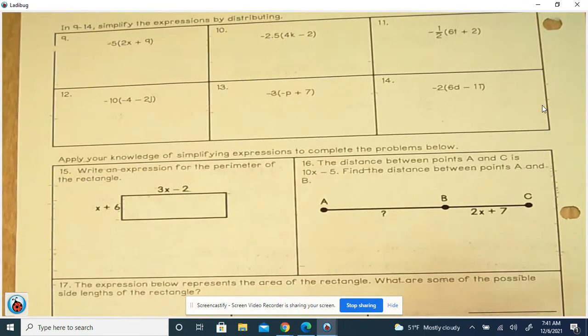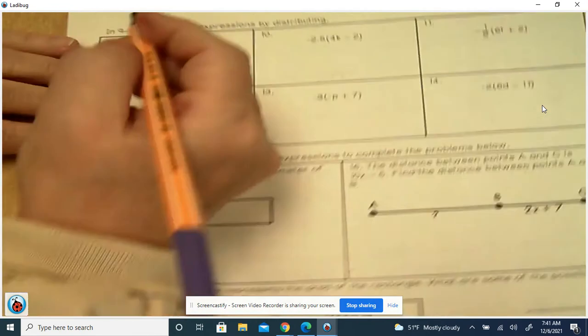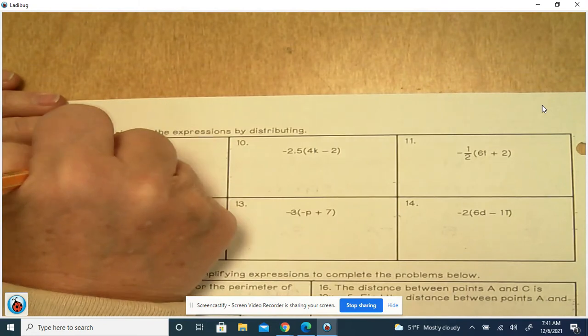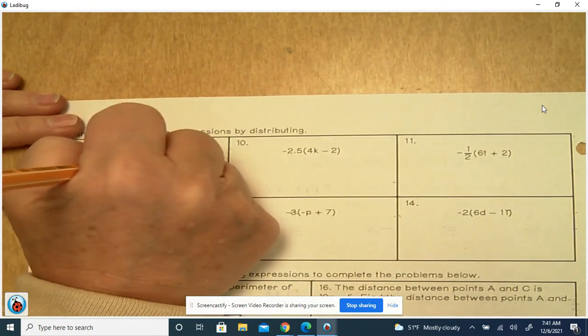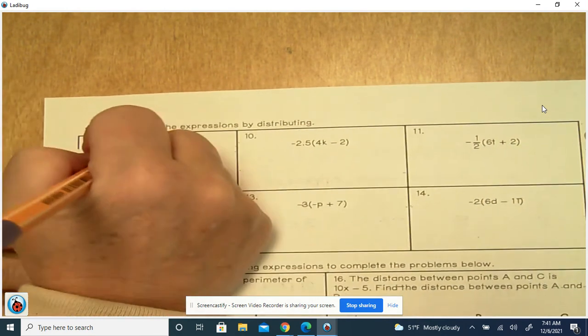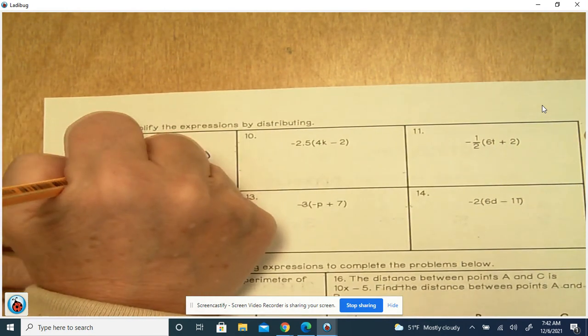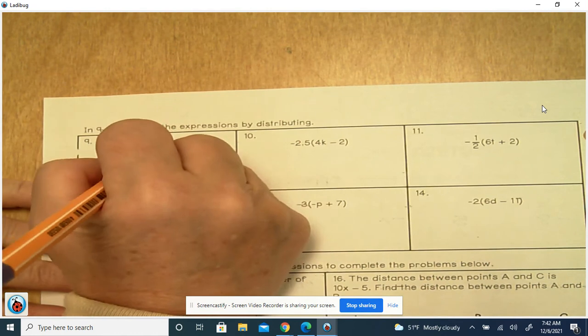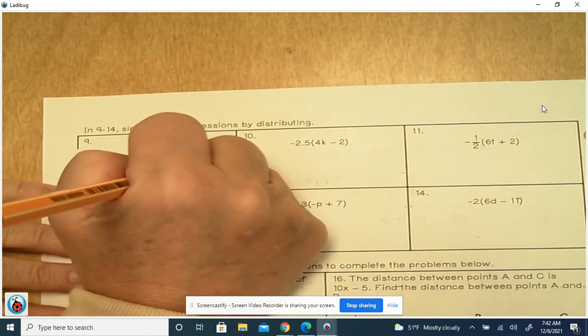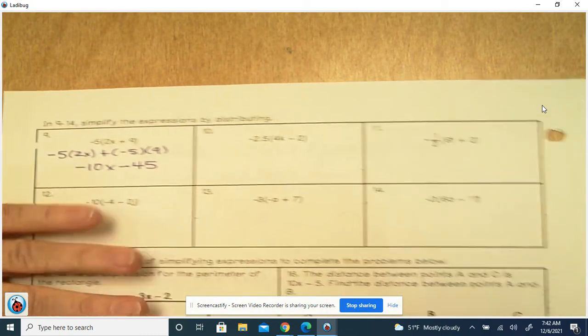All right, let's practice simplifying some more. We've got a negative 5 times 2x plus a negative 5 times 9. Negative 5 times 2 is a negative 10x. And then a negative 5 times 9 is a negative 45.